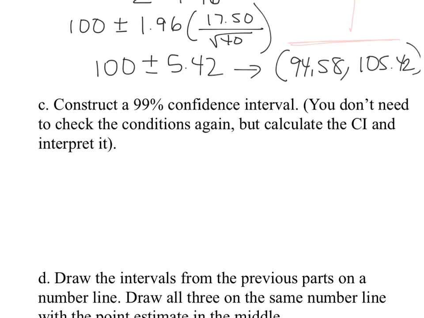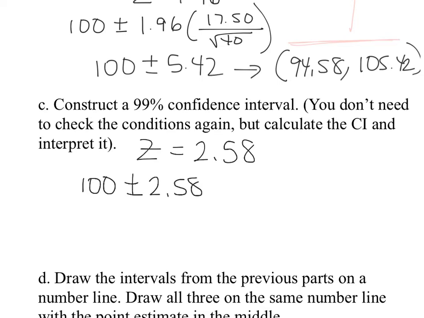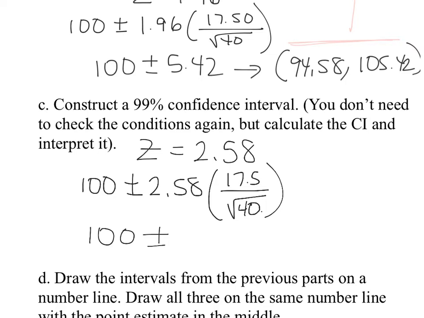Now on to the 99% confidence interval. The Z value for 99% is 2.58, as we explained before. So we do 100 plus or minus 2.58 times 17.5 over the square root of 40, and we find that the margin of error is 7.14.